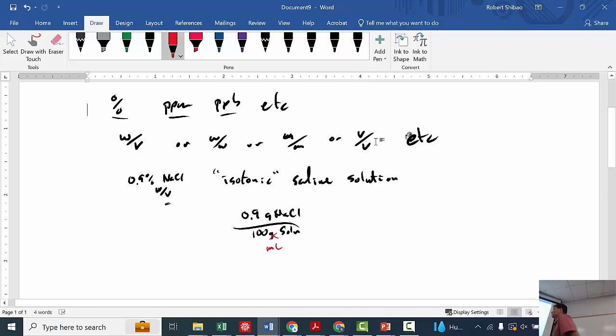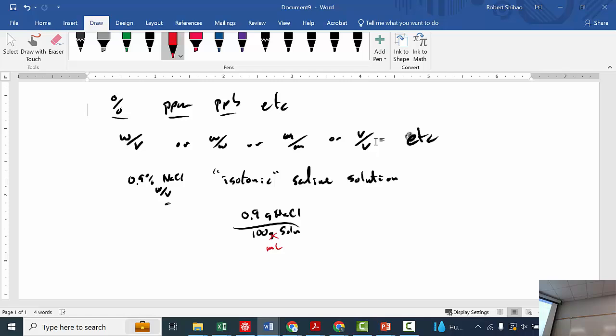But 100 milliliters of water is about how many grams? It's about 100 grams. However, that's only if the density is right at 1.